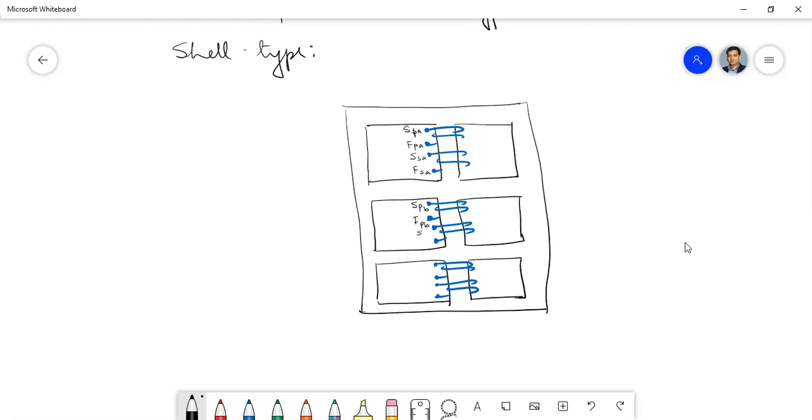This is the start of secondary of B phase, and this is the start of primary of C. This is the finish of primary of C. This is the secondary C, and this is, sorry, okay, so this is S and this is F of secondary C. Has anybody asked anything? Okay.